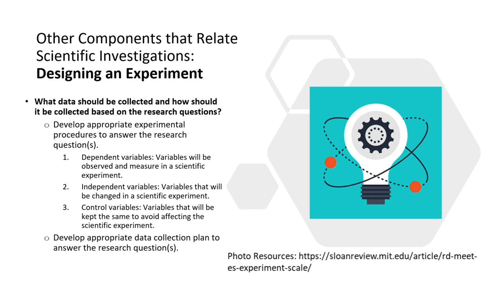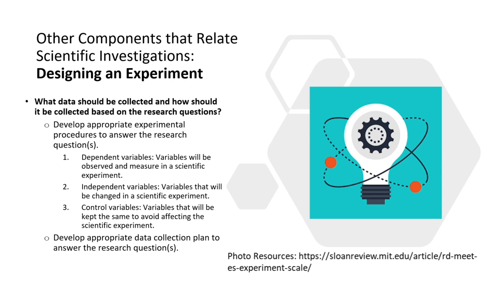After a student has a hypothesis, the next step is to design an experiment. This process involves developing an appropriate experimental procedure that might have dependent, independent, and control variables. Dependent variables are variables that will be observed and measured in a scientific experiment.